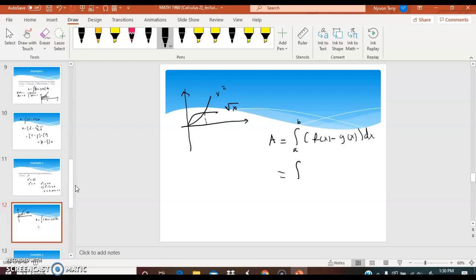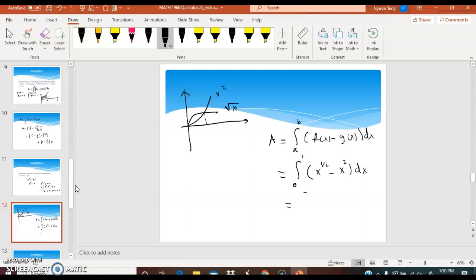So we will do our integral from 0 to 1. The function that is above is the square root function, x raised to the power of 1/2, minus x squared dx.